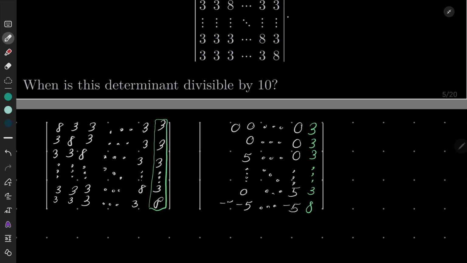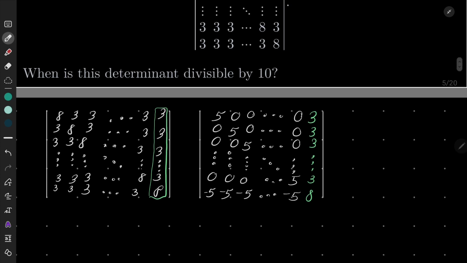In fact, everywhere in the last row we will have -5. And here we will have 5 on the diagonal, and zeros elsewhere. A bunch of zeros.